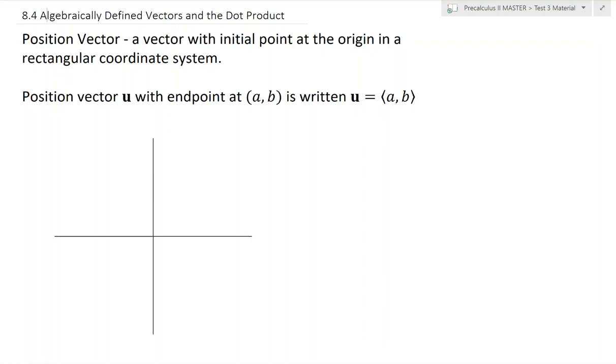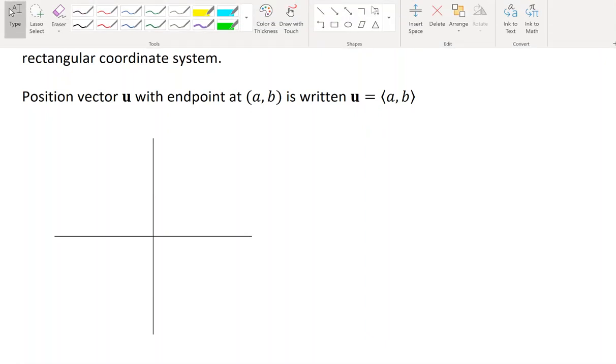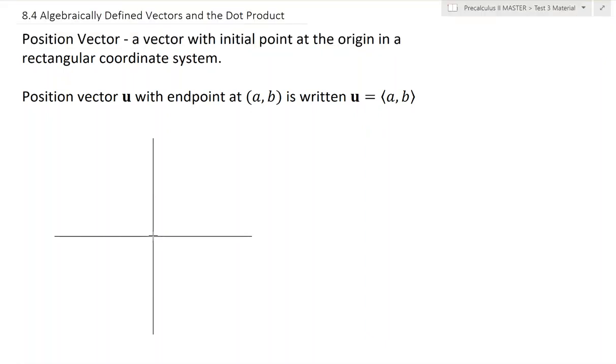So if we want to draw a position vector here, we can start it at the origin and go out whatever our magnitude is. And if that endpoint here is the endpoint (a, b), we say that this vector U is ⟨a, b⟩ with angle brackets. And we have both horizontal and vertical components.